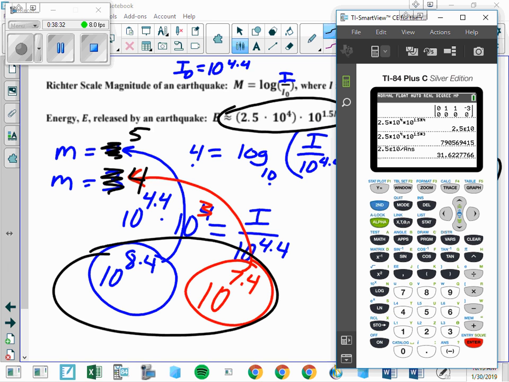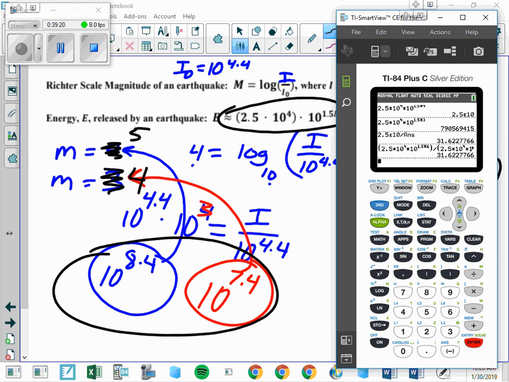Let's do 2.5 times 10 to the 4th times 10 raised to the, let's try a 6 and a 5. 1.5 times 6, and then we'll divide that by this same equation to the 5th, and we'll see if we get the same answer. Yes.